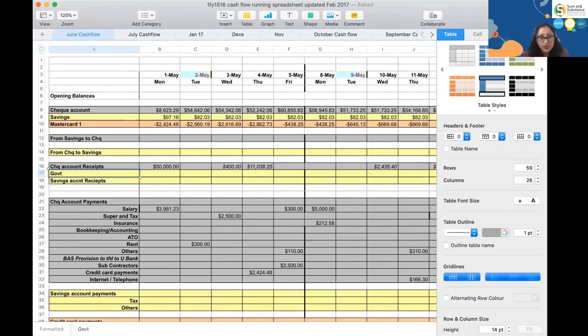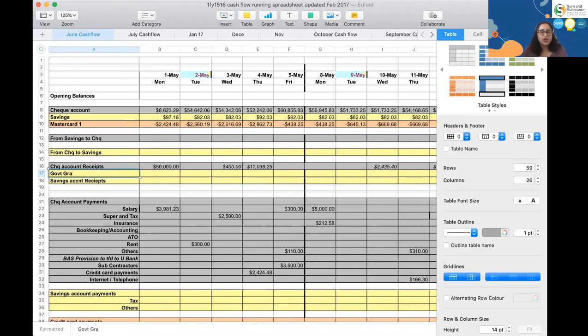You can do the same sort of thing, or you could use different coloring for money that's already in the bank, incoming money, outgoing money, and then the bank balance. Do whatever you like, but it needs to make sense to you so that you can look at it and make decisions quickly. This could be something you go through with your bookkeeper to come up with the right spreadsheet that works for you guys.